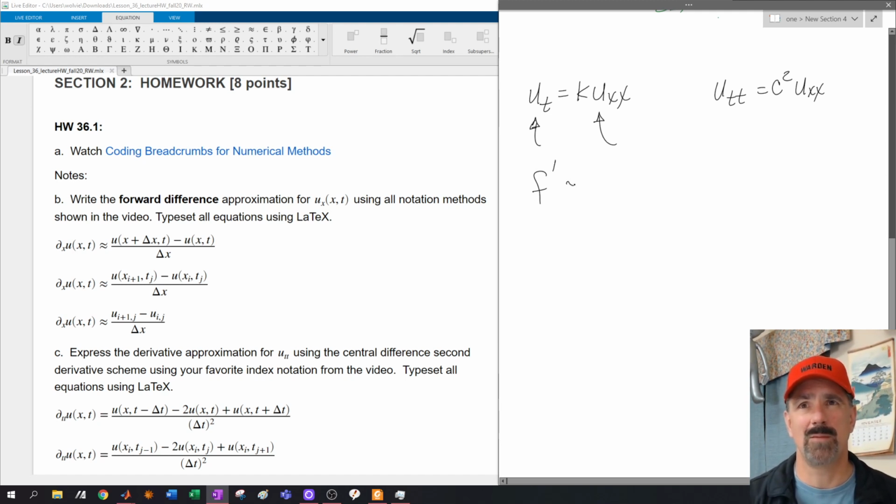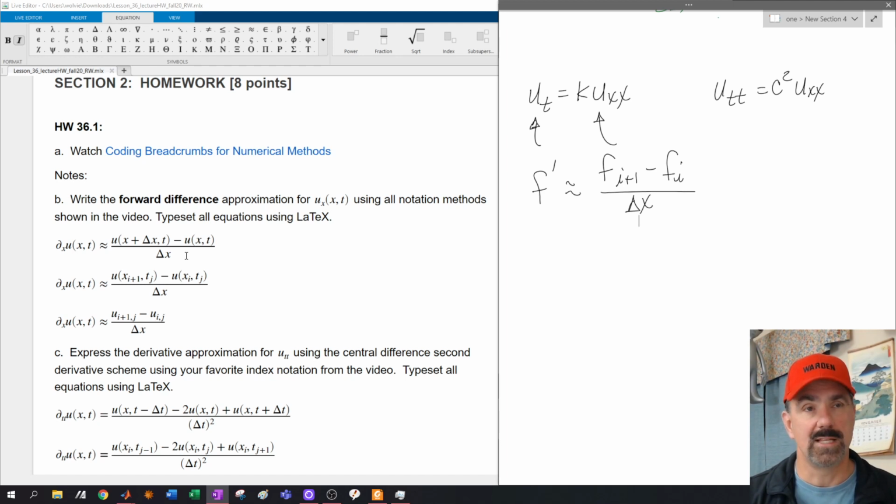So f prime is approximately, now if I do the forward difference, it's f i plus 1 minus f i over delta x. That's the forward difference, and that's fine. I wanted to do it with the partial derivatives because that's what we're doing in this course, and it's exactly the same. There's nothing that's different.